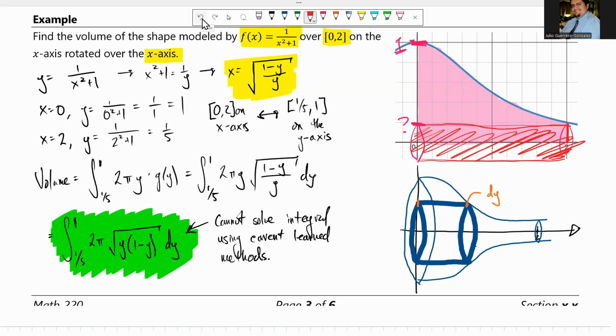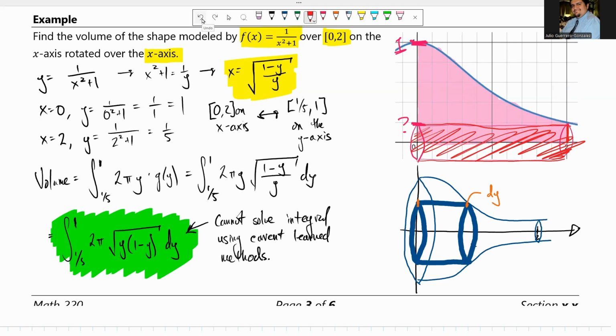In this case, you're able to find this volume much easier if you do it disk method. But like I said, for kicks and giggles, we did it using shell method. This is completely correct. Everything flows. The equations make sense, the construction makes sense, but doing it cylindrical method is much harder.